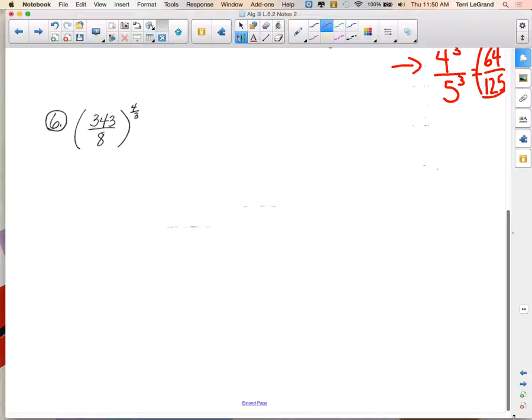Remember what I said, I think it's always worth doing this. Can you simplify 343 over 8 first? The only way you could is if 2, 4, or 8 goes into both of them.